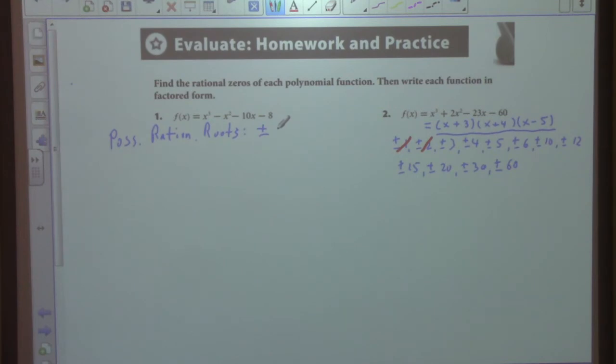Plus or minus 2, plus or minus 4, plus or minus 1, plus or minus 8. So those are your possibilities. And it's going to be over the factors of the first coefficient, the leading term, which is 1. So really your list of potential rational zeros ends up being this.